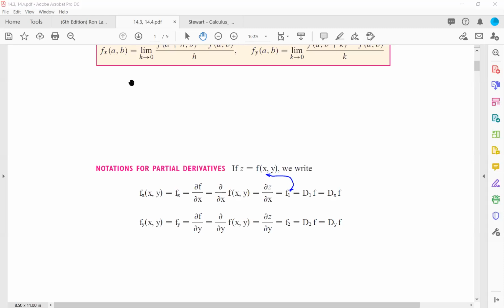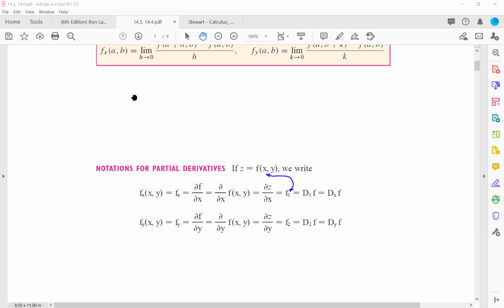Next, you can take the partial derivative of f with respect to y, with different notations: f sub y, the derivative of f with respect to y.